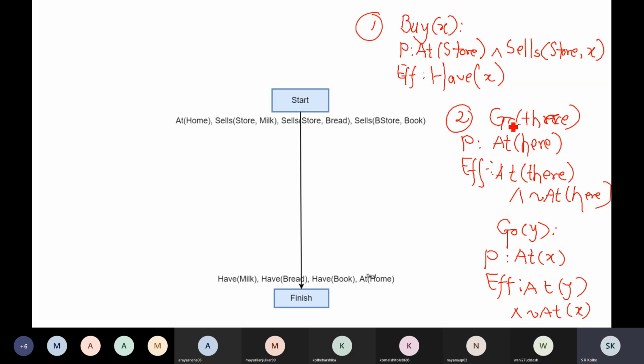The effect of buy X is have X, right? So to get this, we have to add this step. Same thing we have done in goal stack planning also. You check the result. So here if you want have milk, you should buy milk. Am I right? To make this true, we should execute this step, buy milk.